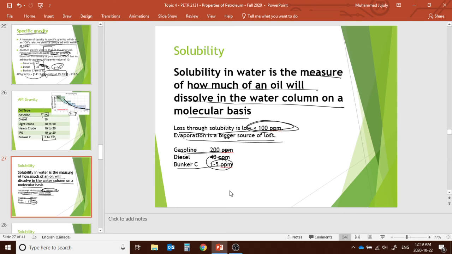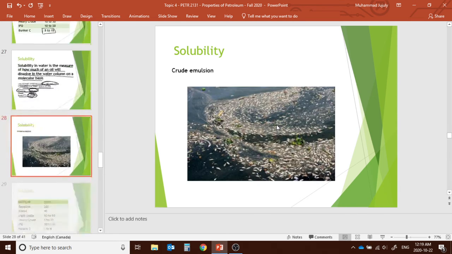That means a very small fraction of oil can dissolve in water. The lighter the oil is, the more soluble it is; the heavier the oil, the less likely it will be soluble.